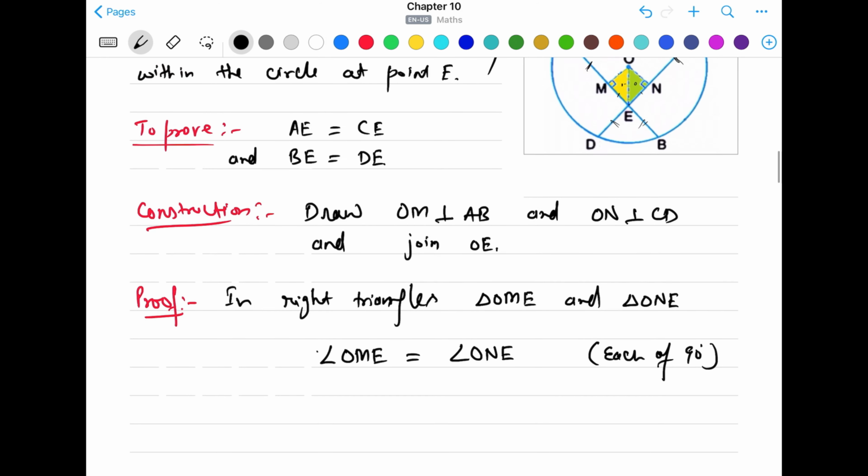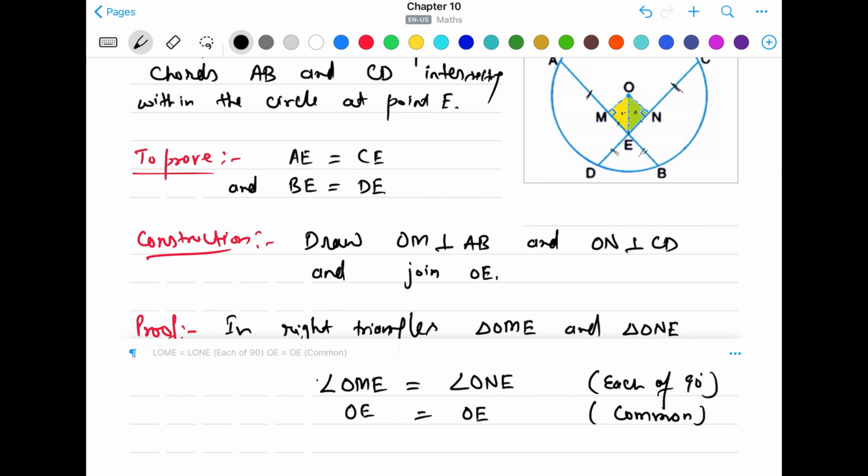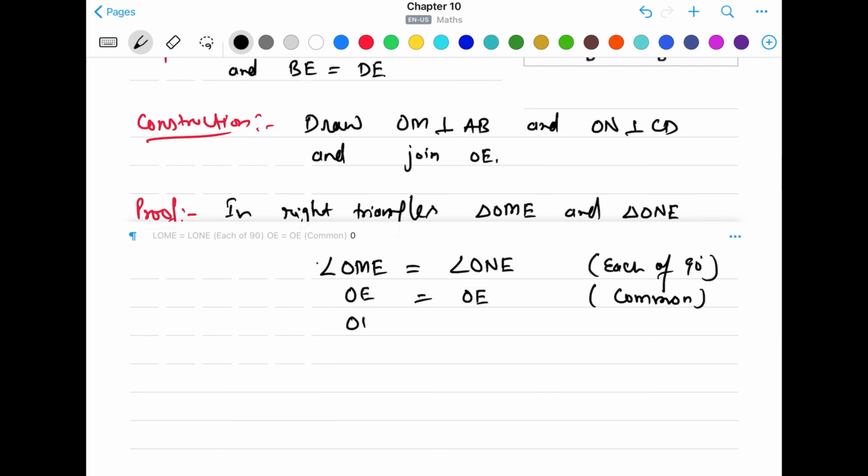Then we have hypotenuse, that is OE is equal to OE, that means this is common, and the other side, that is OM and ON will be equal. OM is equal to ON.